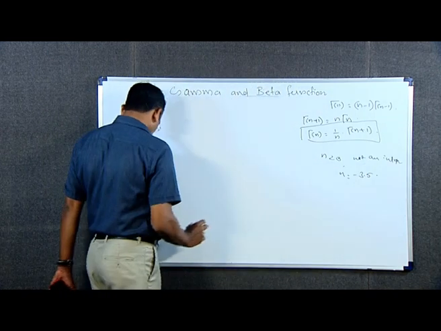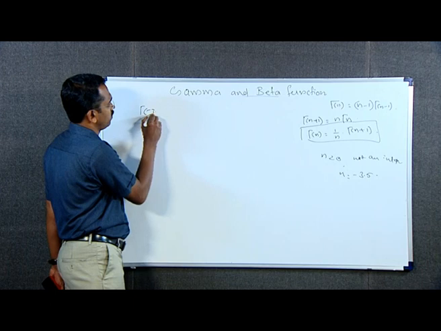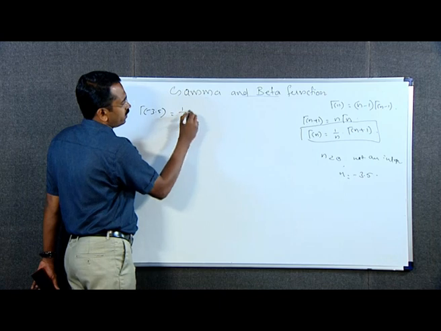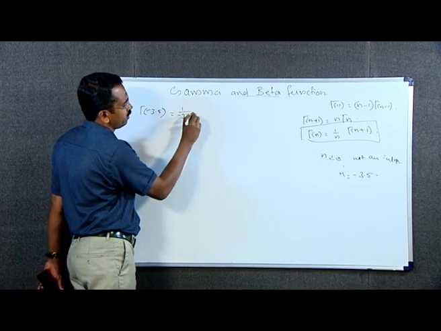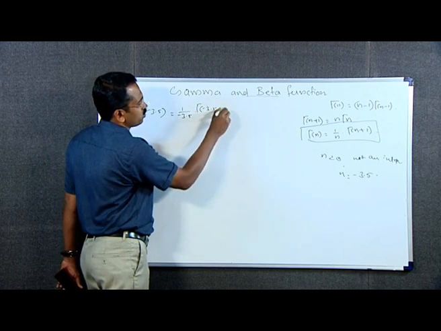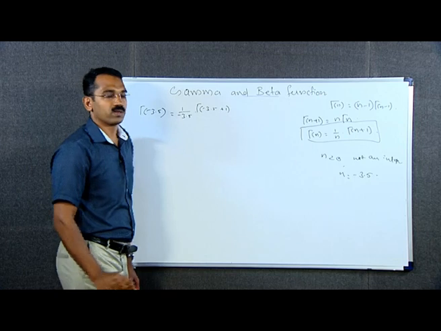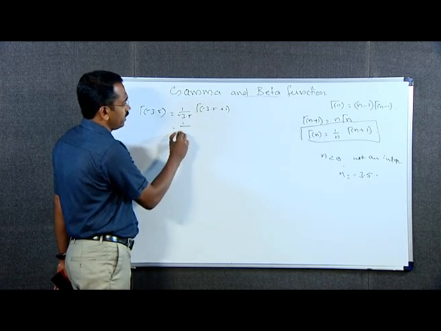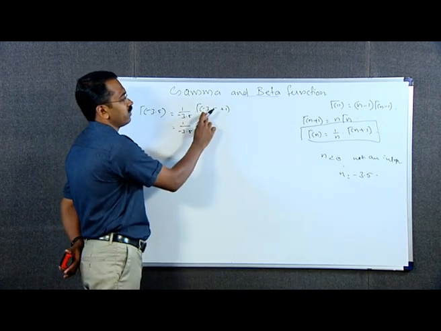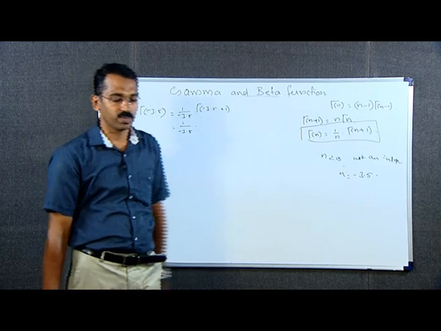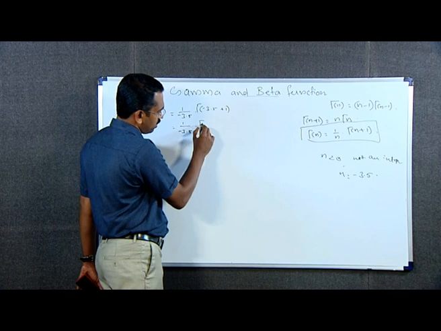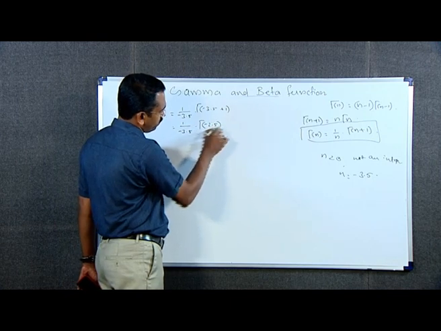Then gamma of minus 3.5 is equal to, using this relation, 1 by minus 3.5 into gamma of minus 3.5 plus 1, that is gamma of minus 2.5.